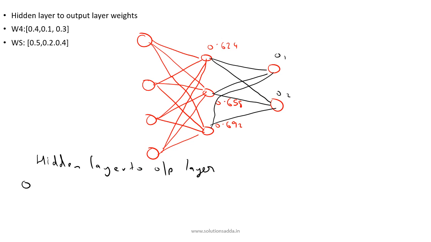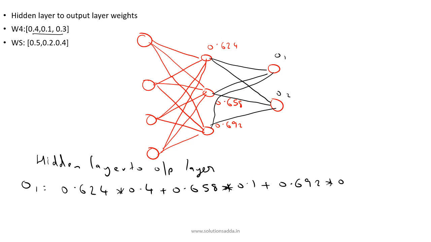O1 can be calculated as, the weights are already mentioned here, 0.624 into 0.4 plus 0.658 into 0.1 plus 0.692 into 0.3.